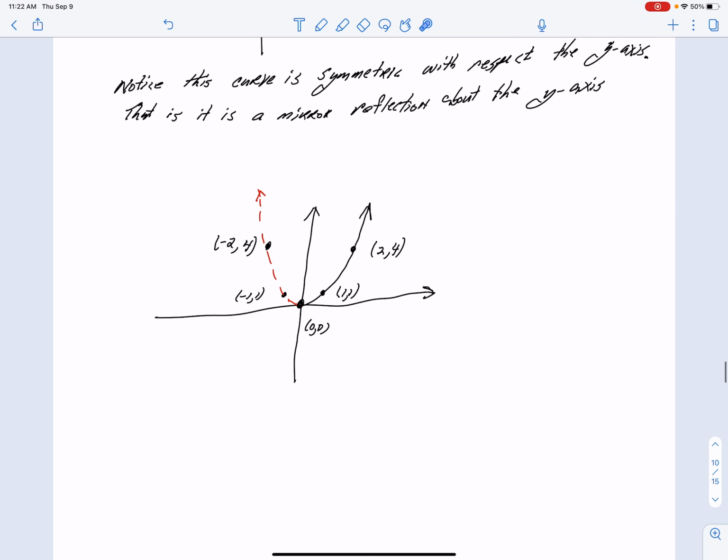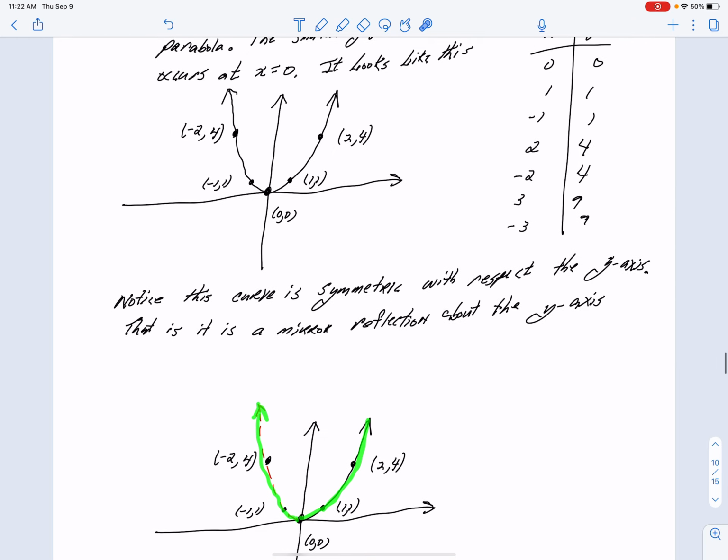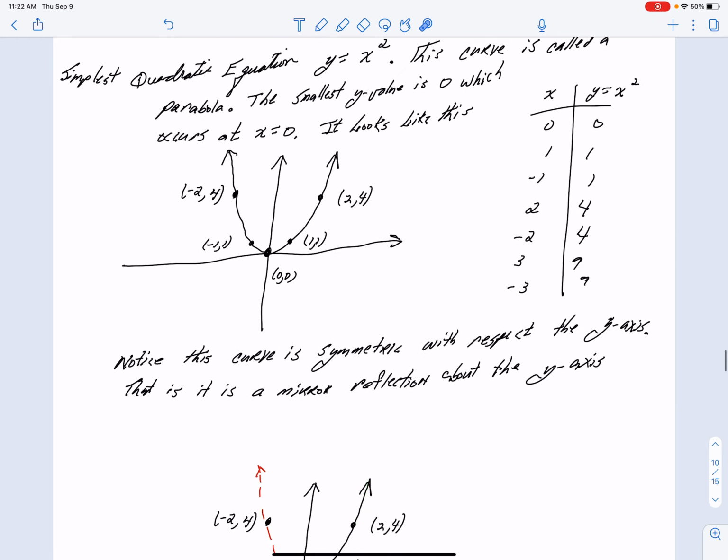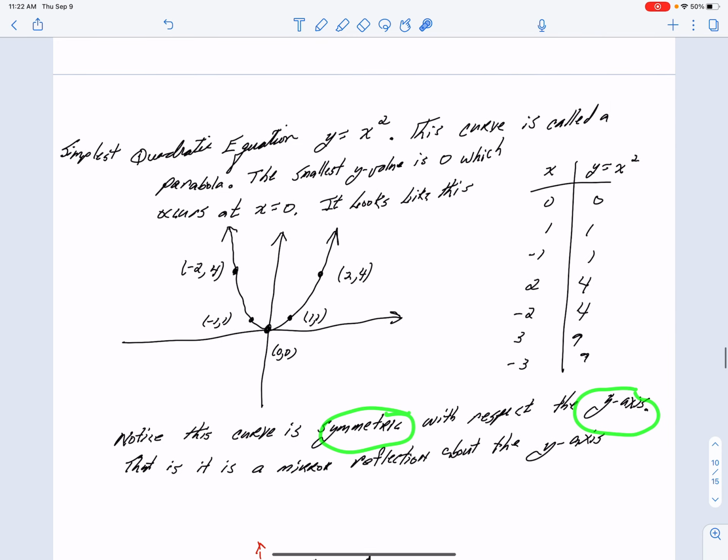Intuitively, this piece reflected gives me this piece, and that's the entire curve. So we can talk about symmetric with respect to the y-axis, and in fact, this equation, y equals x squared, is.